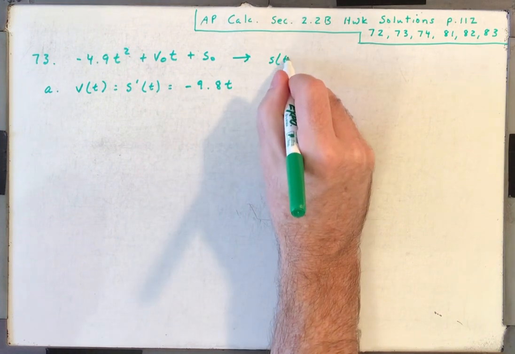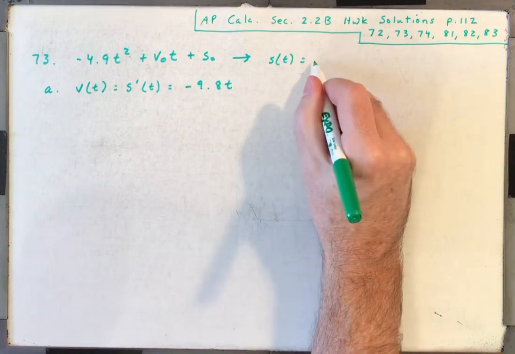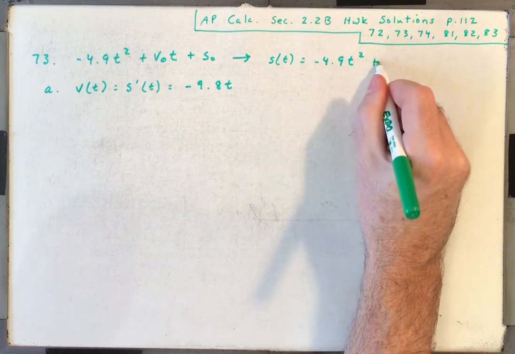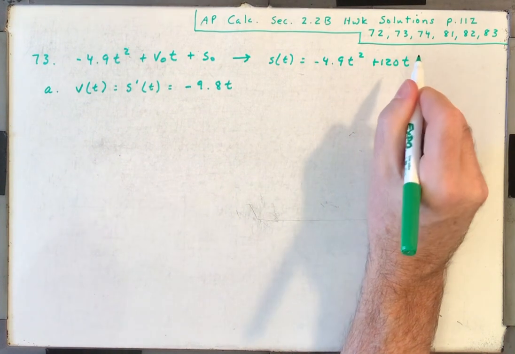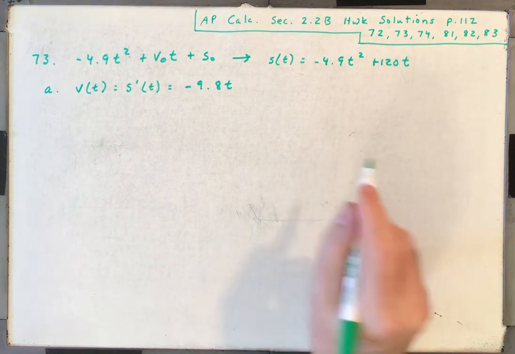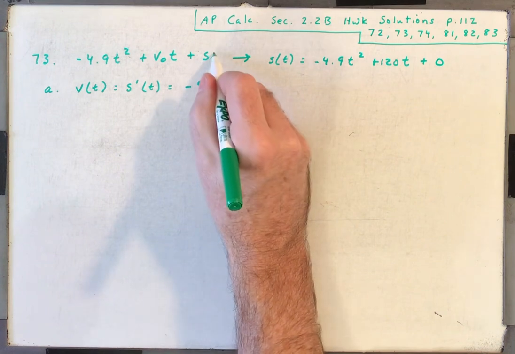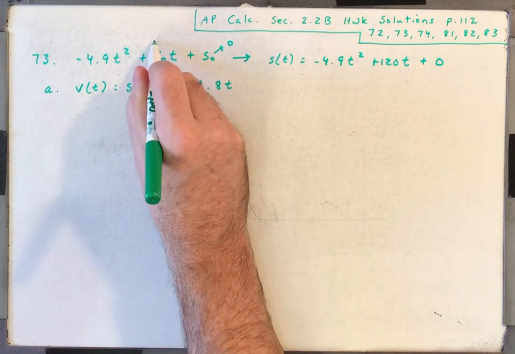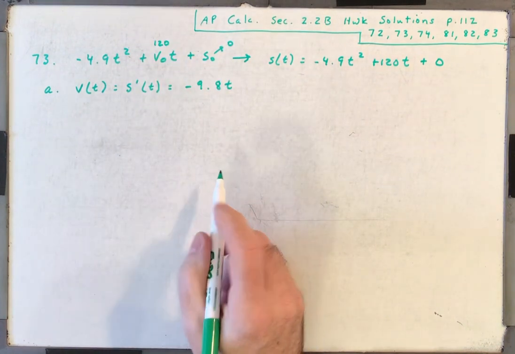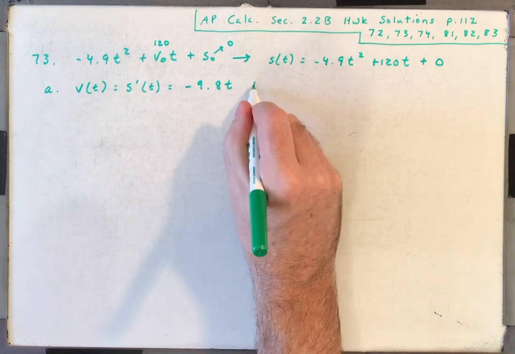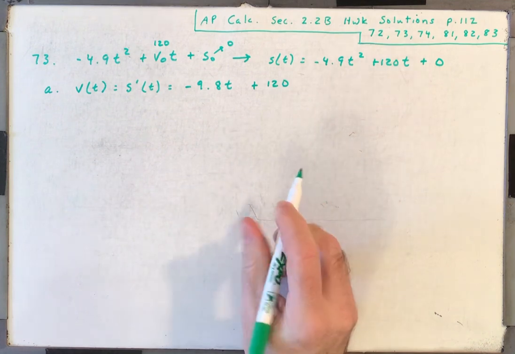So s of t is negative 4.9t squared plus 120t. And it is shot from the surface of the Earth, so our initial position is 0, right? So taking the derivative, the velocity function would be negative 9.8t plus 120.